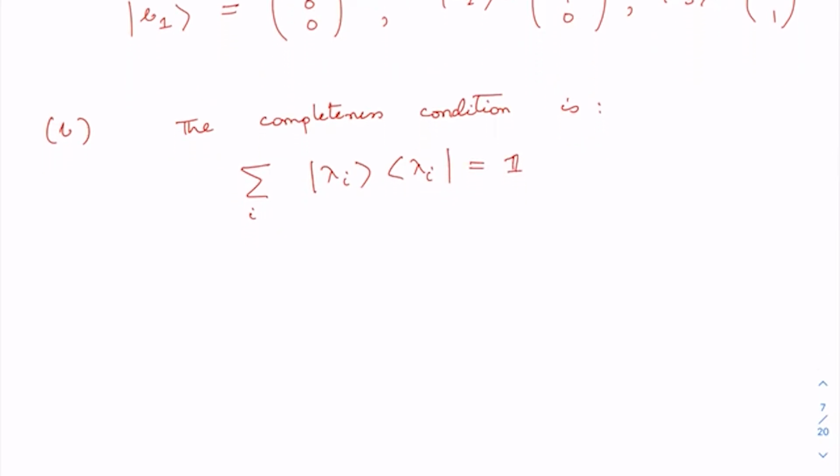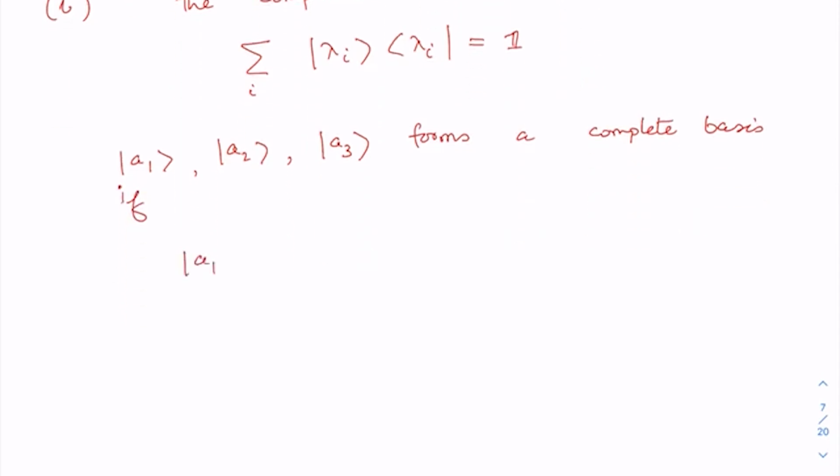So in the case of A, the set of these eigenkets a1, a2, a3 forms a complete basis if we have ket a1 bra a1 plus ket a2 bra a2 plus ket a3 bra a3 is equal to the identity matrix.